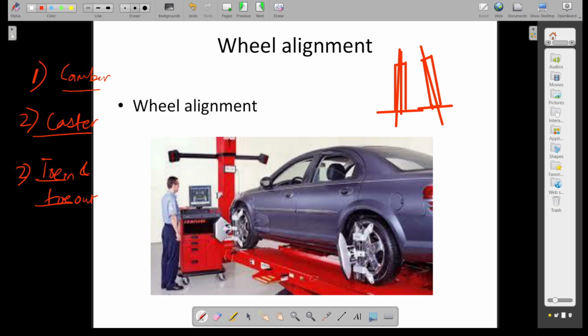When I go for toe in and toe out, I am adjusting the screwed portion on the track rods. By these three methods I am going for wheel alignment with the sole purpose that my wheel should be vertical. When a wheel is vertical, there is less wear and tear on the wheel, and its life increases.